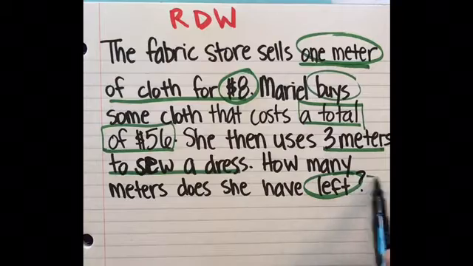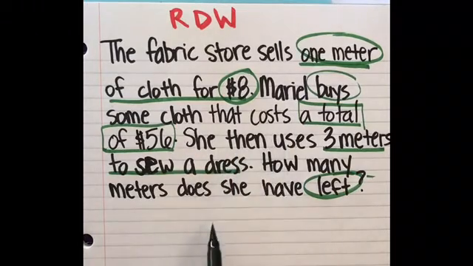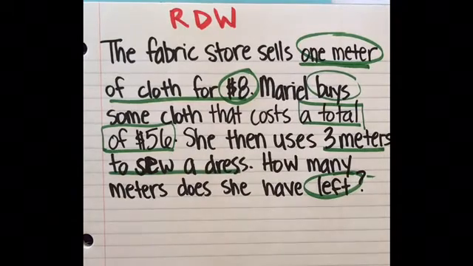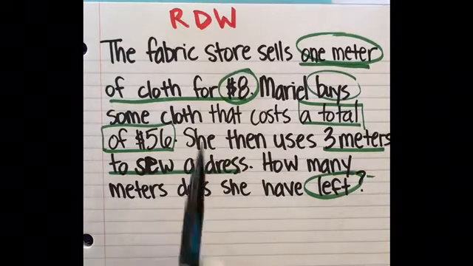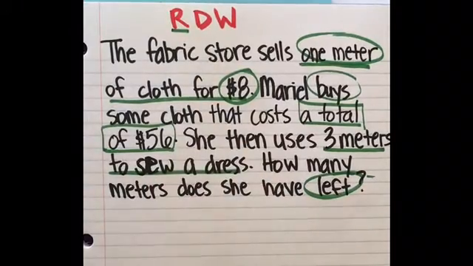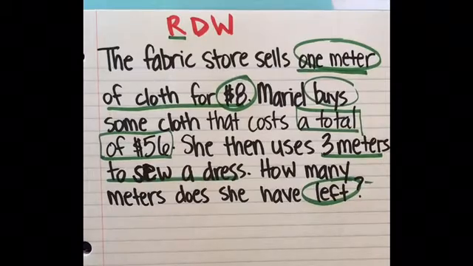So again, left, we're probably subtracting. If I'm trying to find out how much she has left, this is kind of like the other problem where we have to figure out how much she is beginning with. So we just read through the problem together, thought about what was going on, and now we can draw about it.